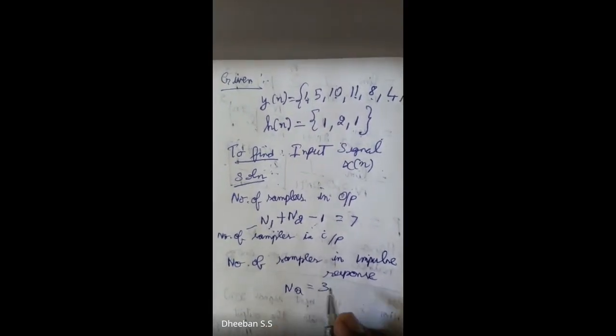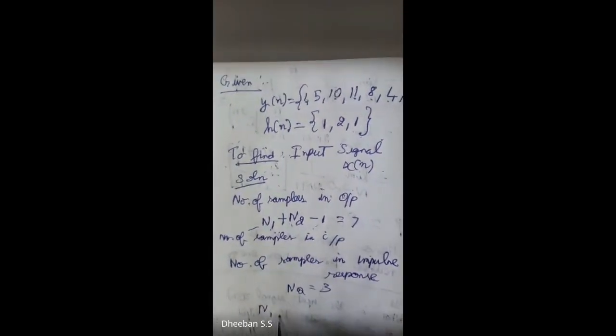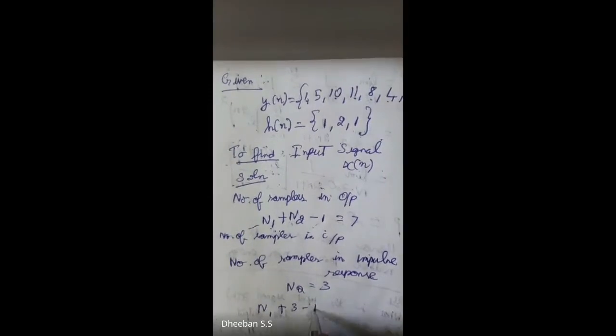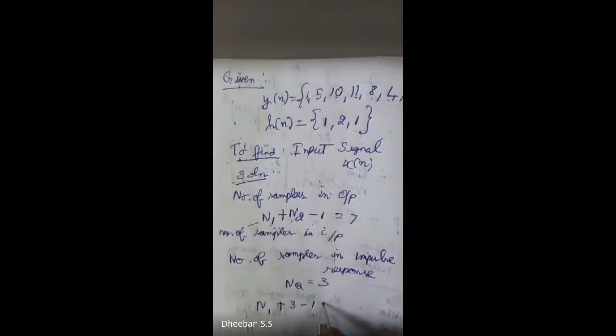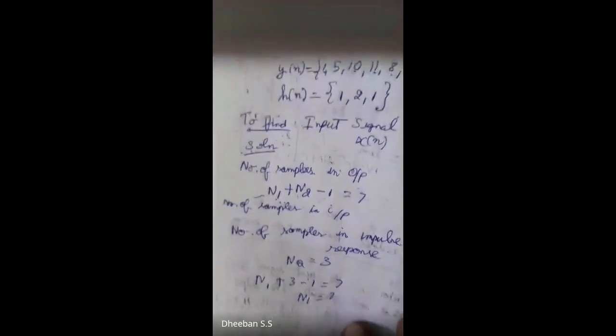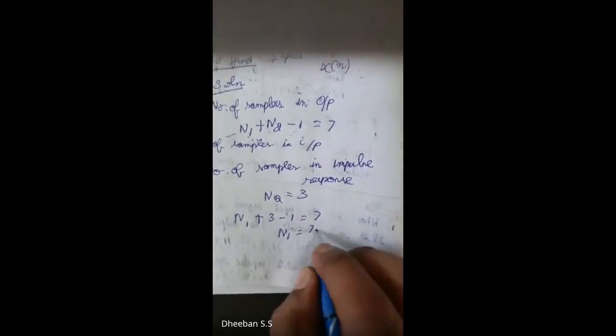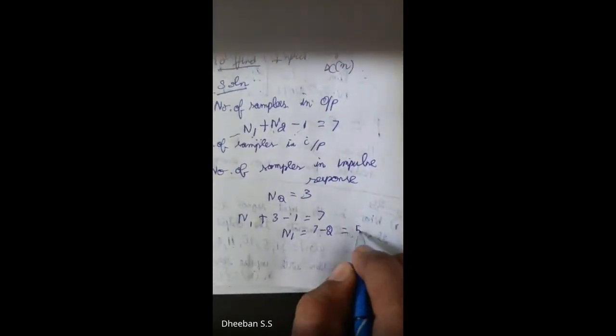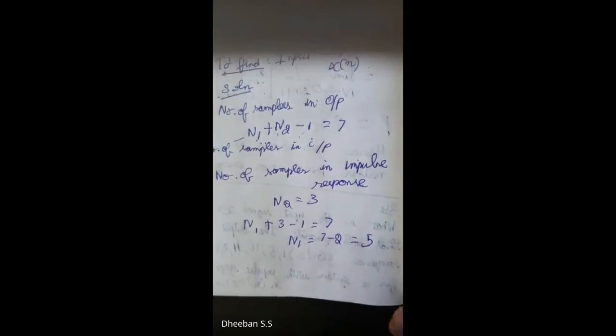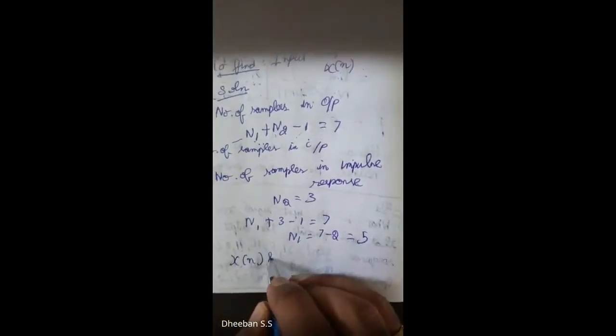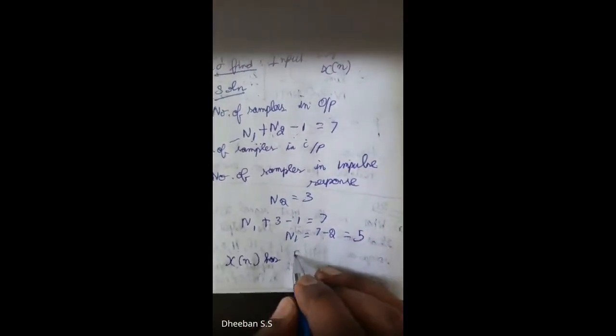Now substitute this value over here. We get n1 plus 3 minus 1 equal to 7. So n1 plus 2 equal to 7, so n1 equal to 7 minus 2, which is equal to 5. So your x of n has 5 samples.